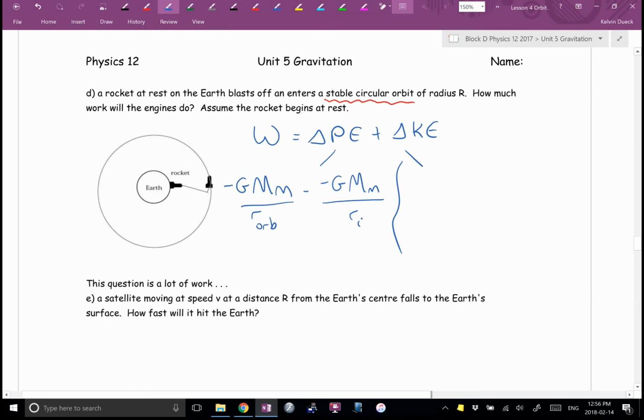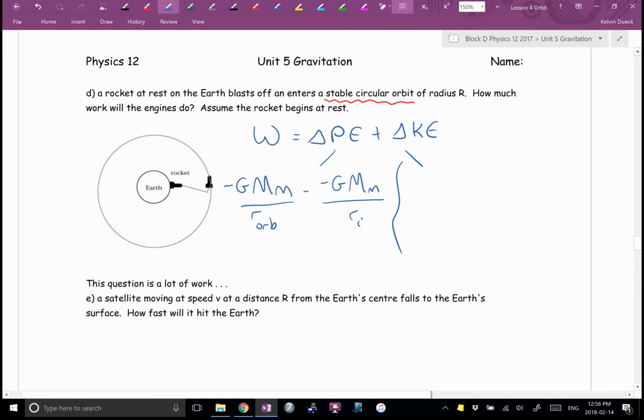When we did this a couple of days ago, I started using ditto marks, and we just repeated things on our calculator because everything on the top was identical except this one has a minus minus. And I would just change the R.